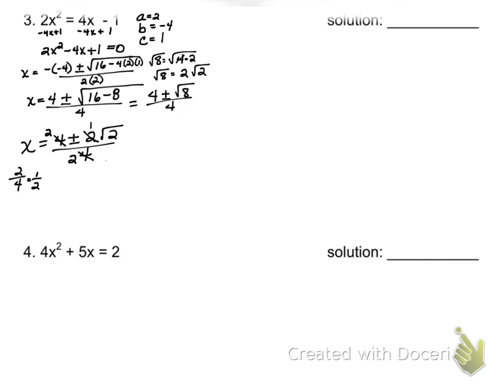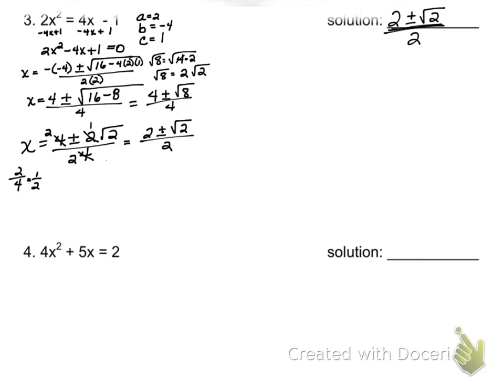And inside the radical, that's not affected because that's all one term. And when I divide by 2, I divide it by the number in front. And so now we have 2 plus or minus the square root of 2 over 2. And that's your final answer. That's what you're going to write up in your solution box. So you're going to have 2 plus or minus the square root of 2, all of that over 2.